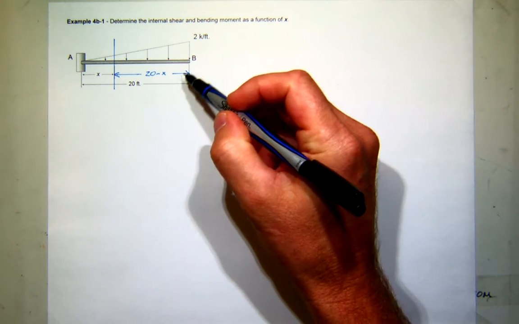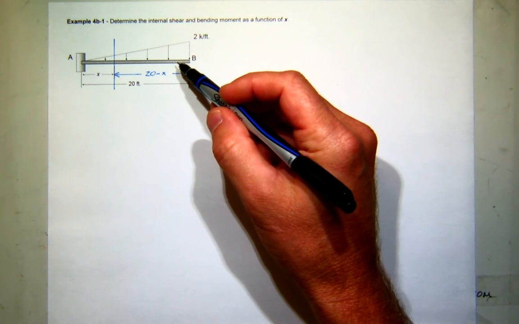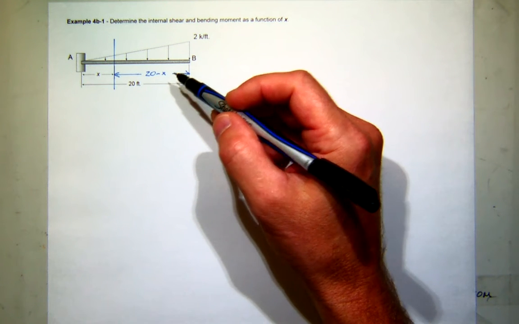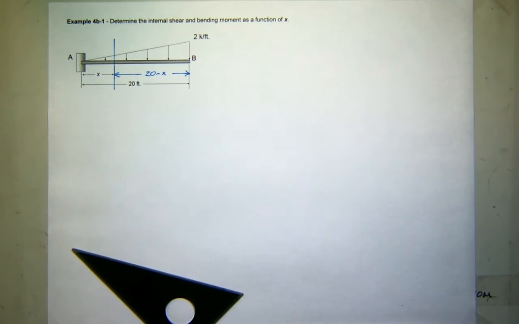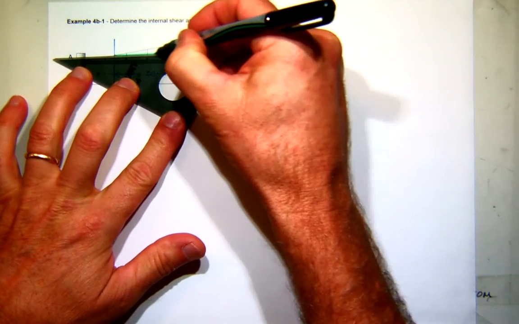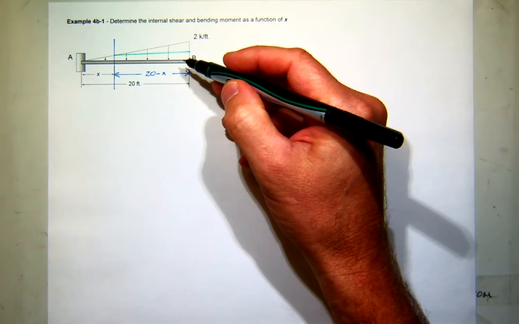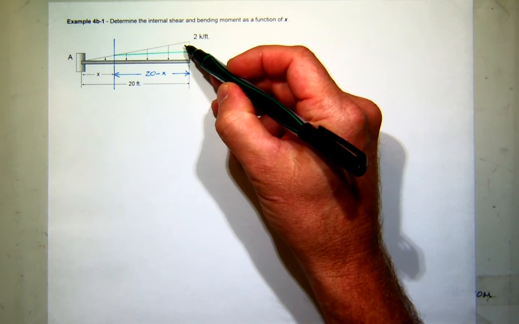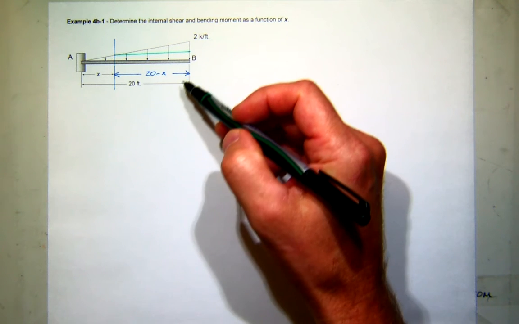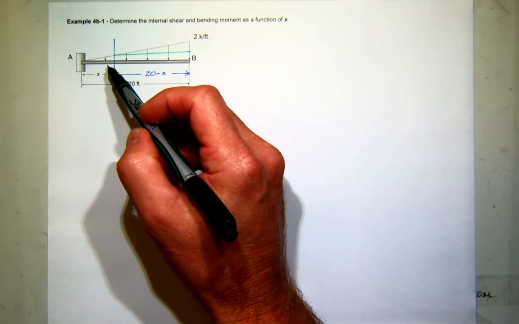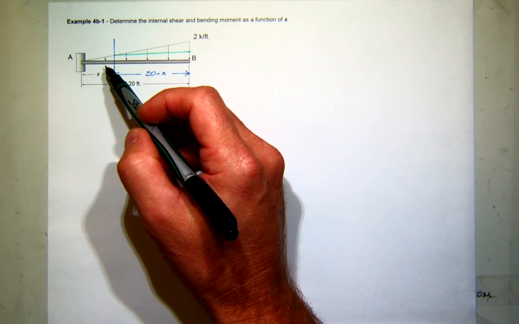Now, is there any advantage of working the right-hand side? No reactions. However, what does my loading look like? It's a trapezoid, and from our previous work, we know that they can be a little more challenging to deal with. You probably break it up into a rectangular section and a triangular section. So compare that to the left-hand side. Well, the load is simply a triangle, so that's just one thing to keep up with.